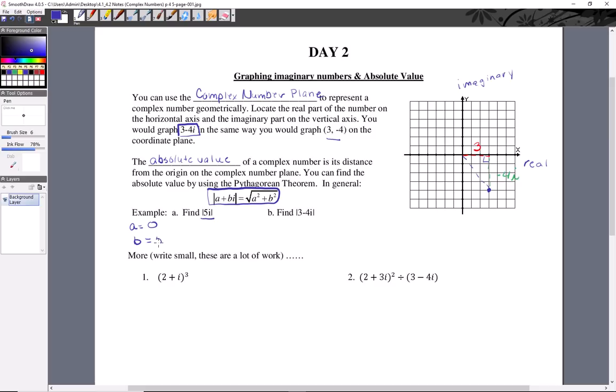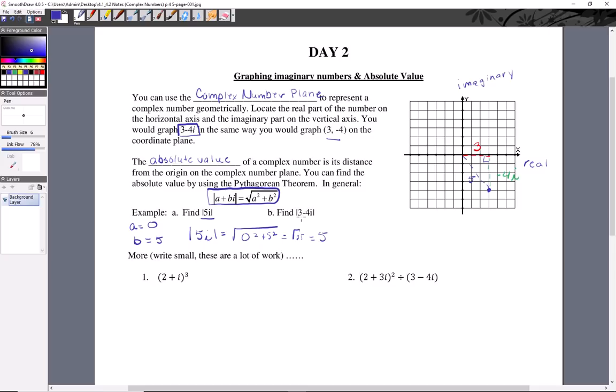That's going to be 5. So the absolute value of 5i is just going to be the square root of 0 squared plus 5 squared, which is the square root of 25, which is 5, right? And that makes sense. 3, 4, 5.